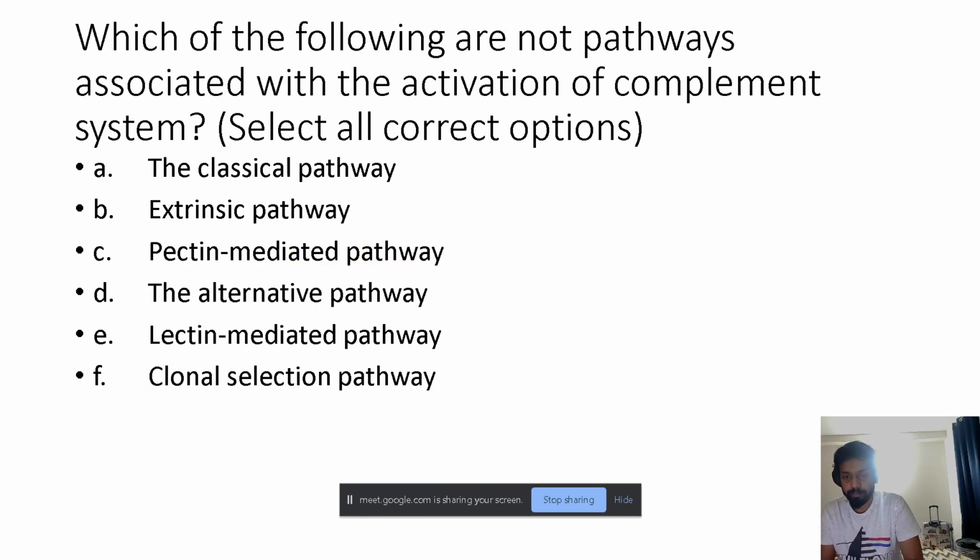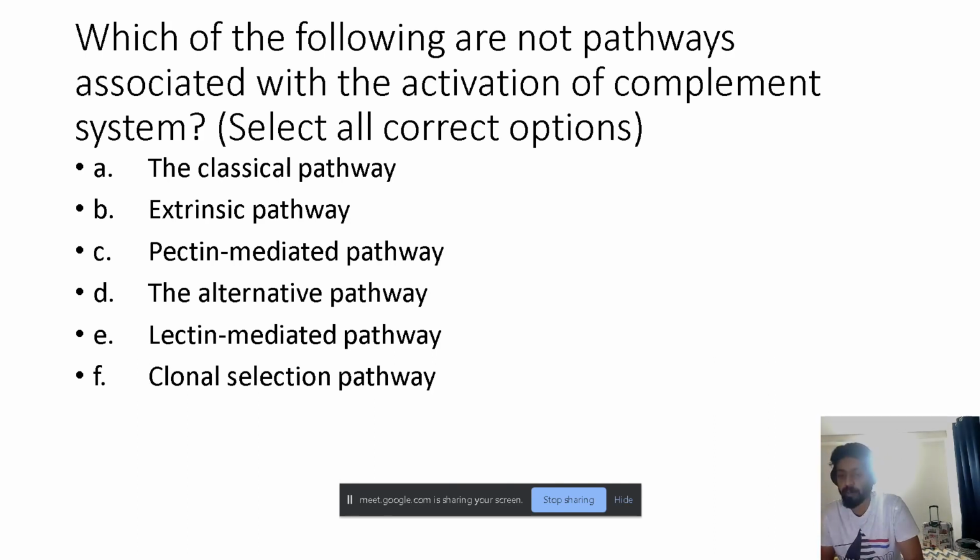Which of the following are not pathways associated with the activation of complement system? So option C and option A, sir. Option F. Yeah. So the classical pathway, alternate pathway, lectin-mediated pathway, all these are part of the complement activation system, right?